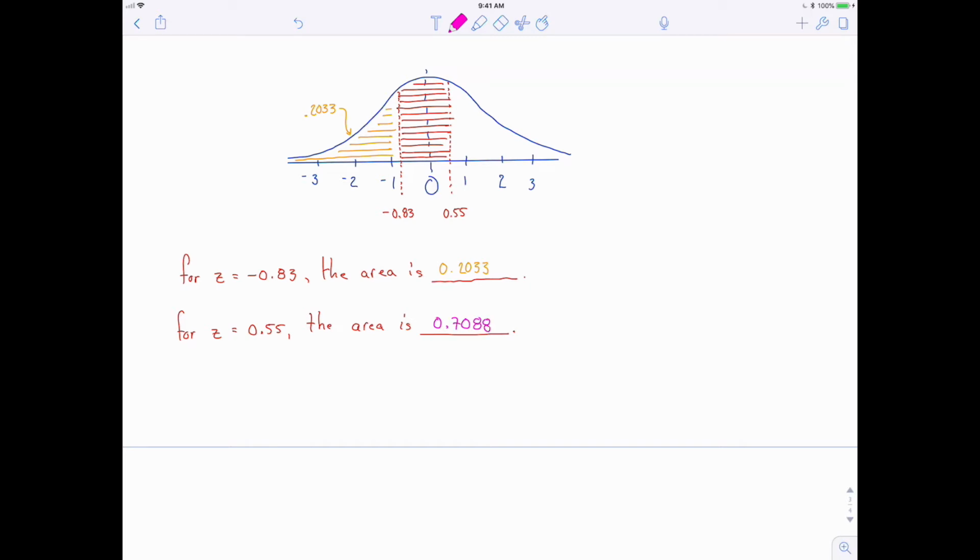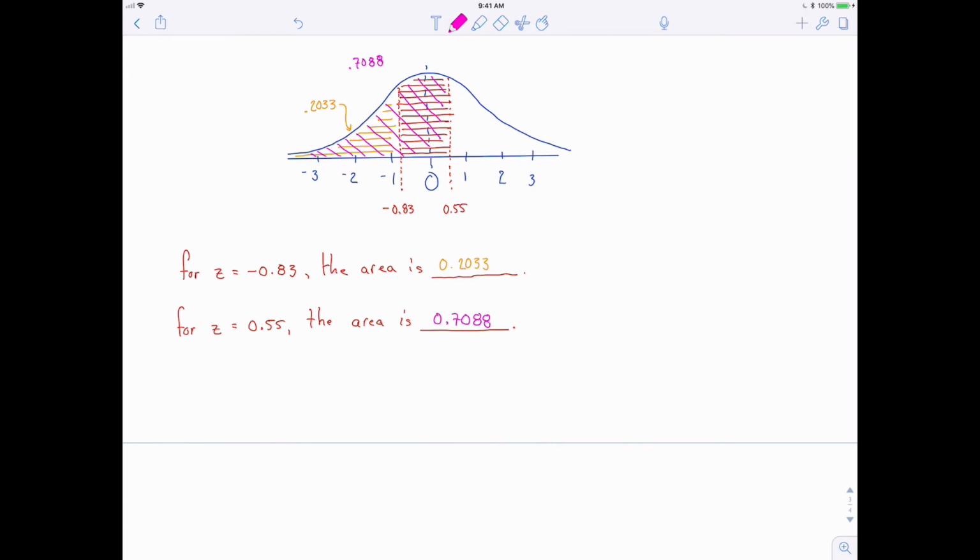Now, what that means, according to the picture, is that's everything. It's the orange, it's the red, and we're representing it with this pink color. So all of my pink is 0.7088. Now, I don't want the orange area. I don't want the pink area. What I want is the red. Well, the red area is found by taking the pink and subtracting the orange.